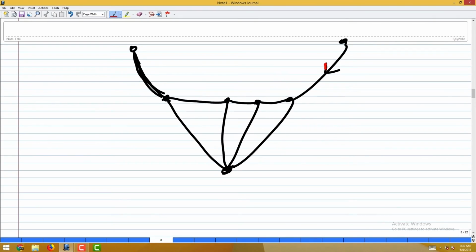Now the direction of this edge cannot be this, right? Because then from here to here I should have an edge, but that is not there. So therefore it has to be like this. It is true because there is no edge connecting the end points, so that has to be.